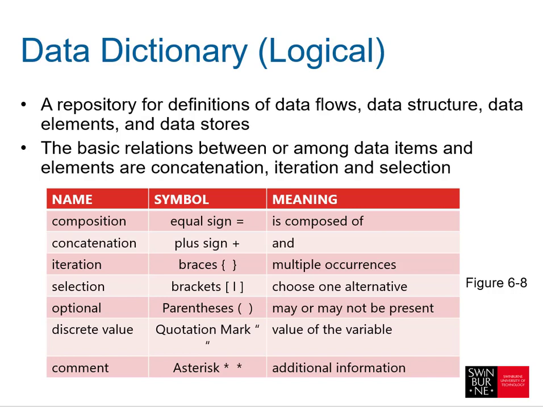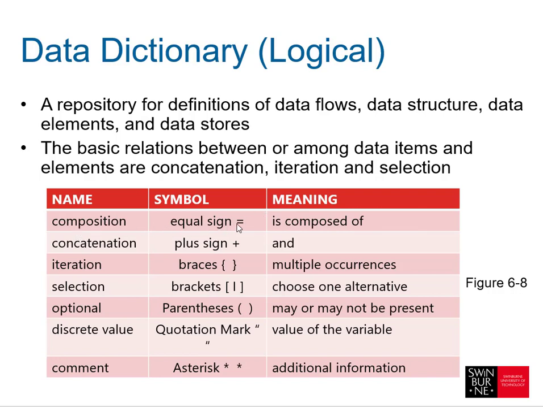When it comes to data flows, we need to use some sort of symbols to represent the structure, elements, and so on. There are some notations that you can use to explain the data flow contents. So these are the symbols we have to use.